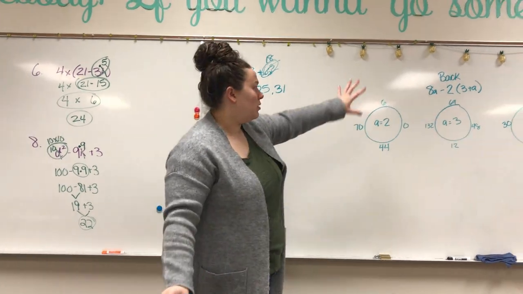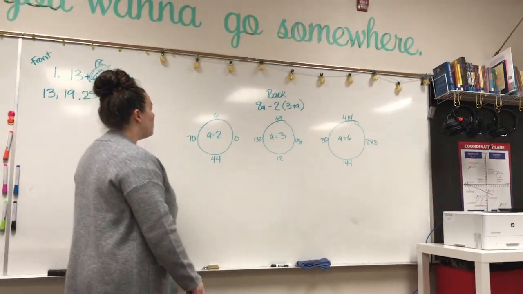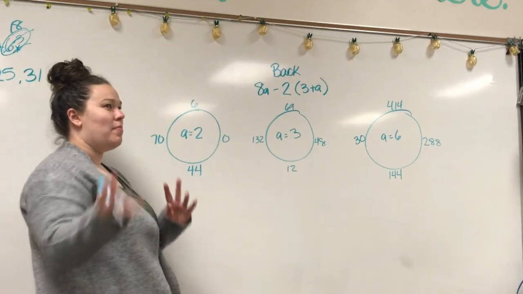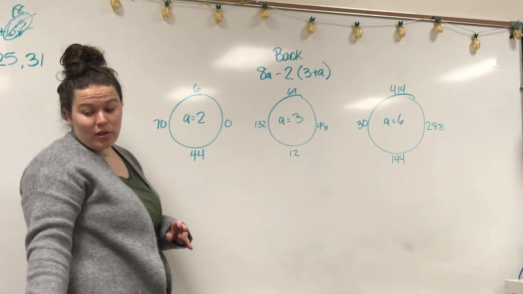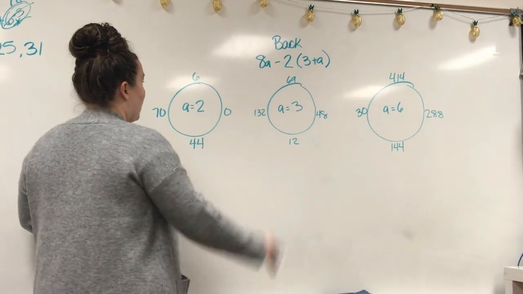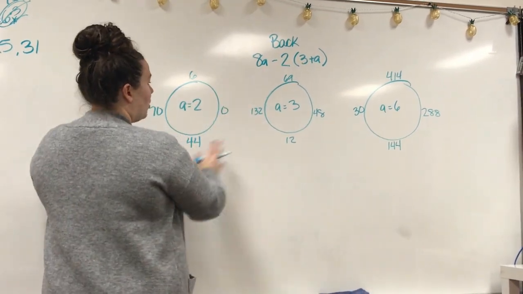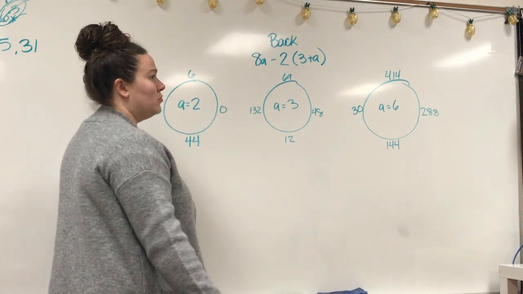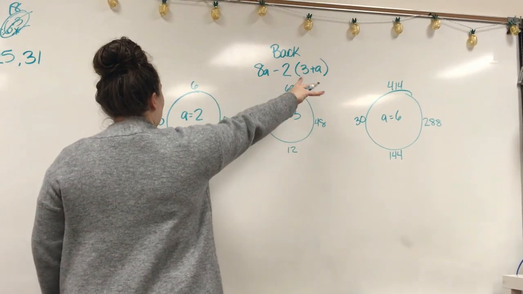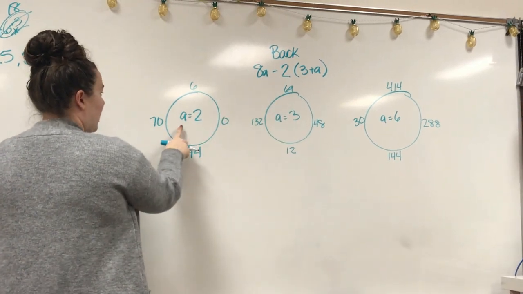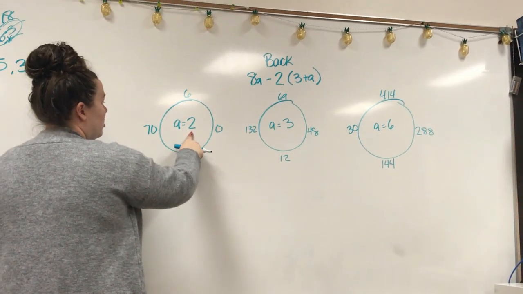So I blew it up big so you can see it here. On the back, honestly, there's 9 questions that you need to do. And I will just do the first one for you, then you have to do the other 8 questions. So here is my base, this is my expression, and it's telling me that A is equal to 2.